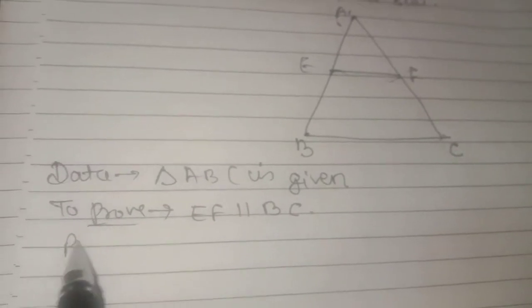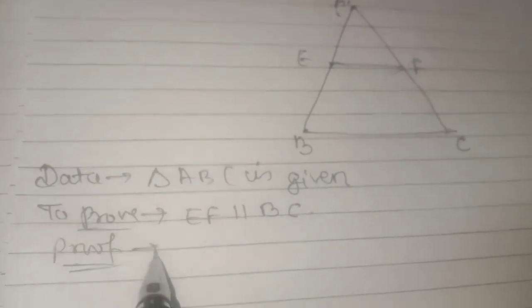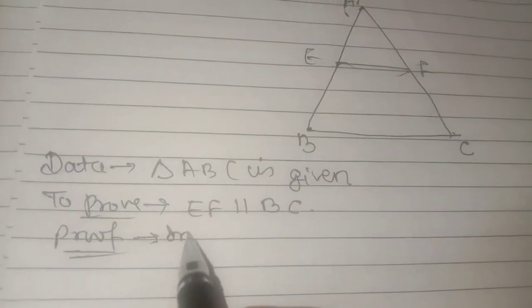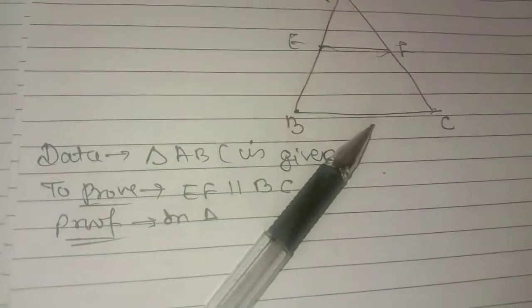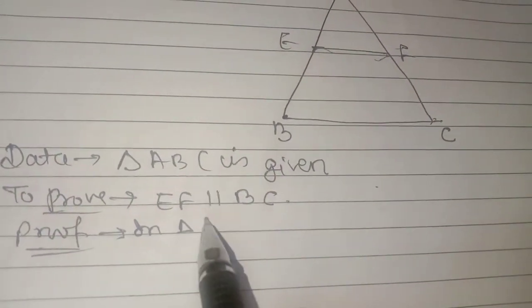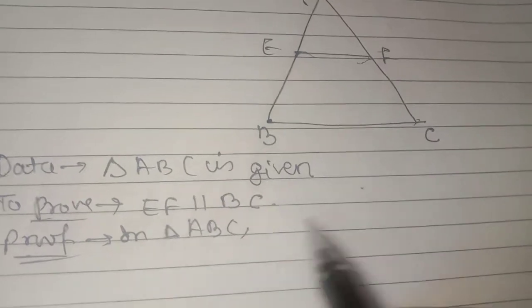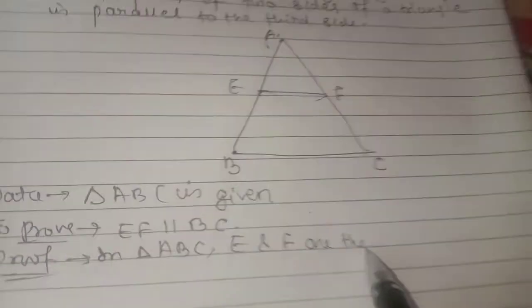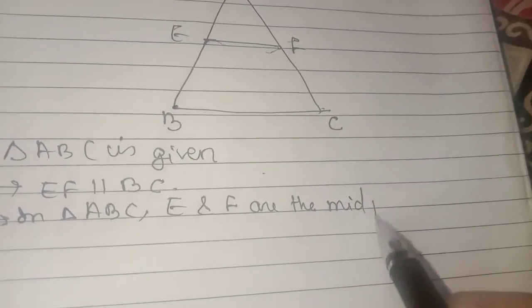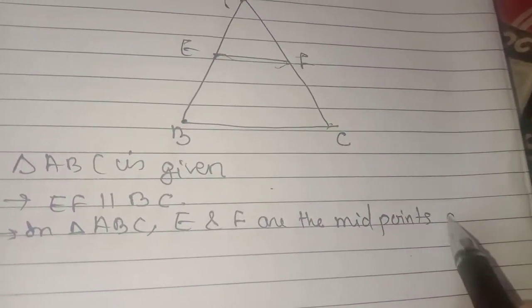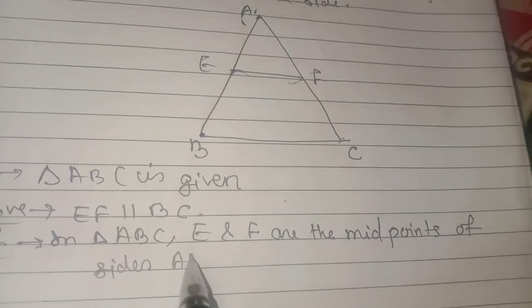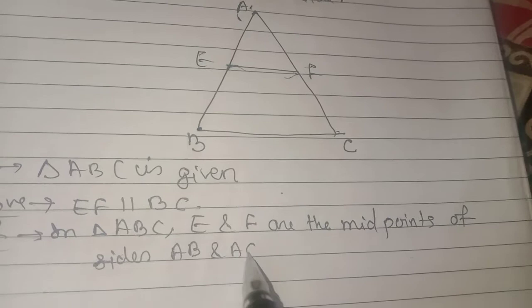So let's write down the proof now. In proof we'll write down, in triangle ABC, E and F are the midpoints of sides AB and AC respectively.